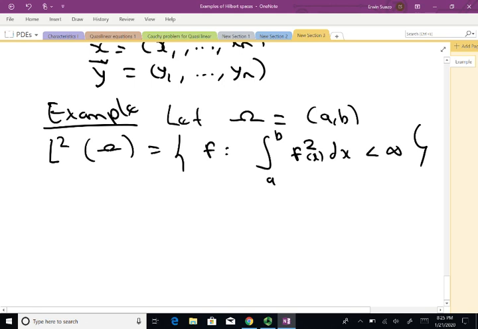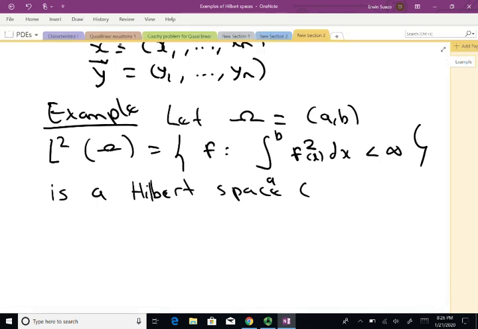So this is a Hilbert space. And I'm going to copy what he wrote in the book.